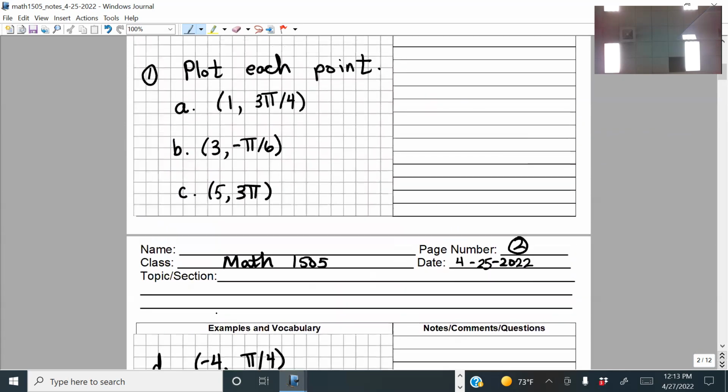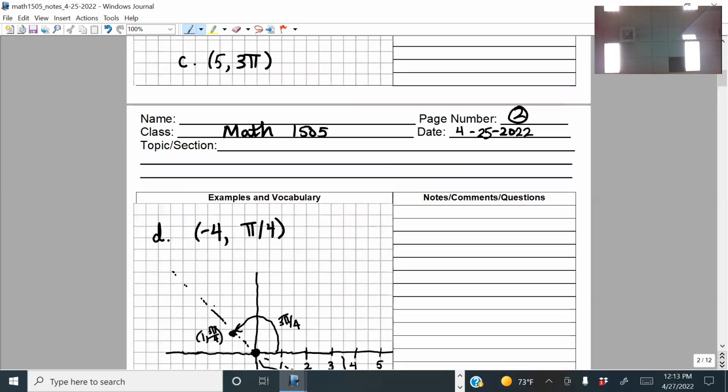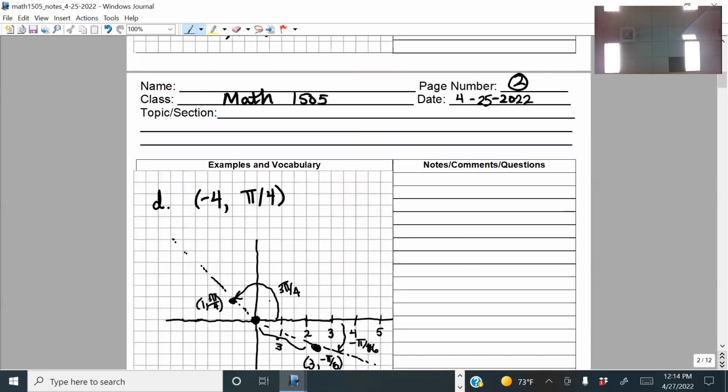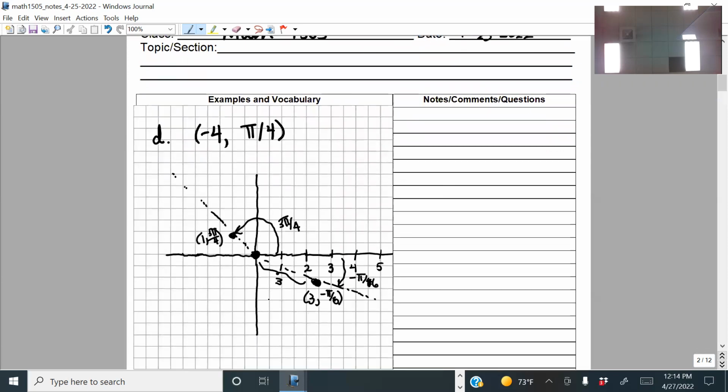Let's try one more. 5 and 3π. This one's pretty easy, I think. So where would 5 and 3π be? What's the angle 3π? Let's see. It's past 2π. 2π is one revolution, and then it's another π, which is another 180 degrees.